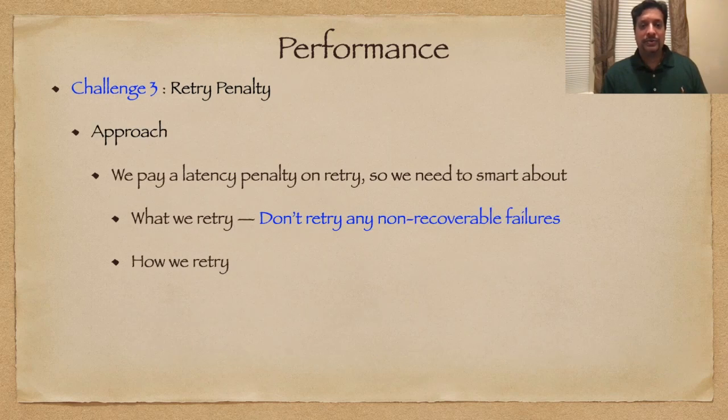So to summarize, to handle the retry penalty, we have to pay some sort of latency penalty on retry. So we need to be smart about what we retry, which we've already talked about. We're not going to retry any non-recoverable failures, but we also have to be smart about how we retry. One idea that I use is called tiered retries.